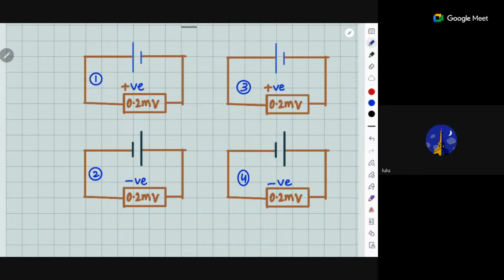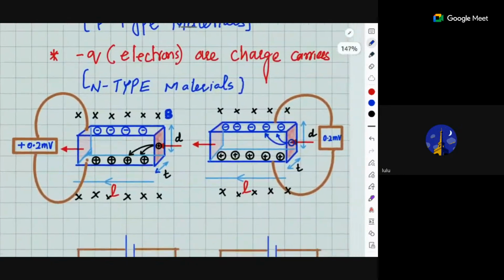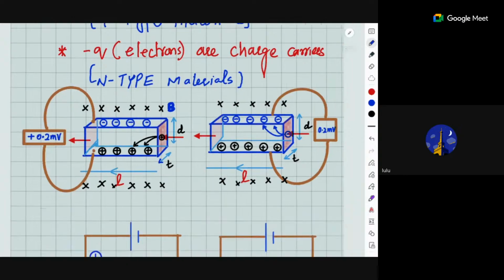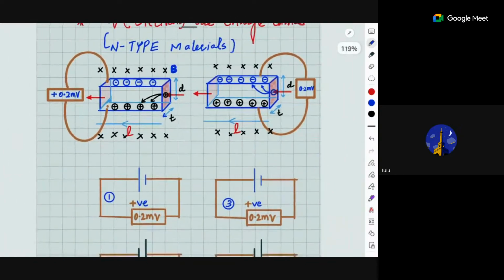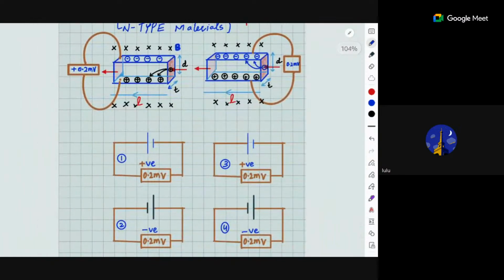Now, my question is still there. Check this one out and answer my question.